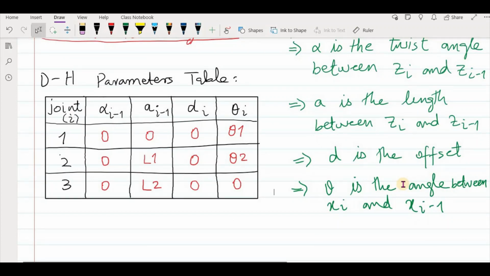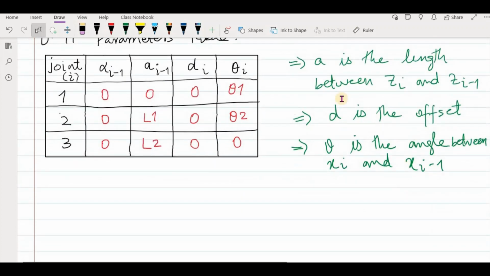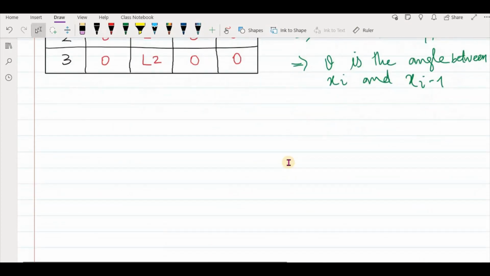Okay, so according to the DH convention, what was the transform? It's mentioned in the previous slide, but this time we show a transform which is a little bit different.